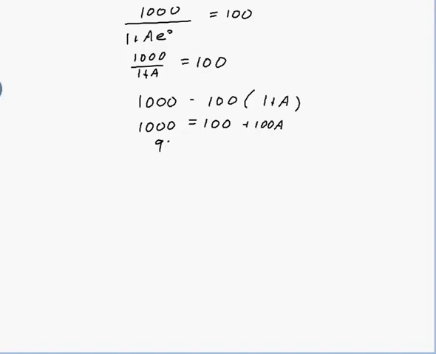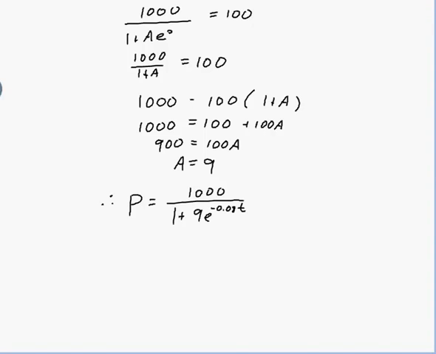So 900, subtracting 100 from both sides, is equal to 100A. So A is 9. And therefore P = 1,000/(1 + 9e^(−0.08t)).